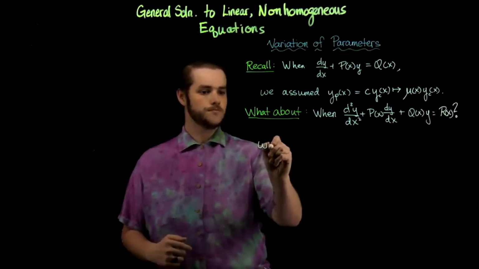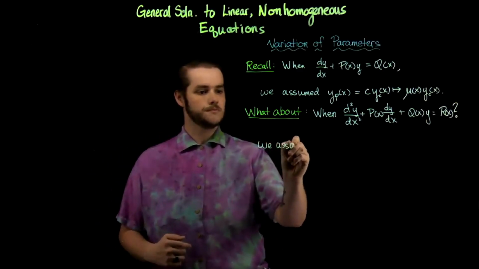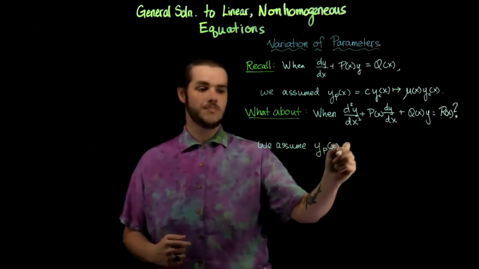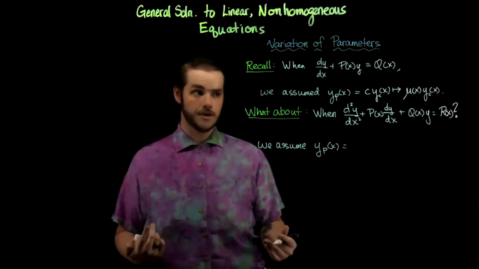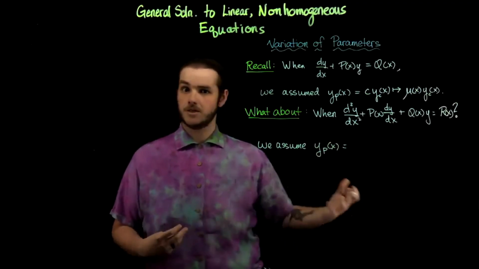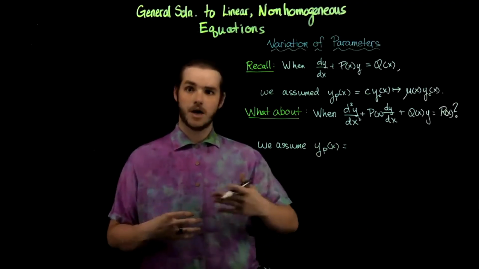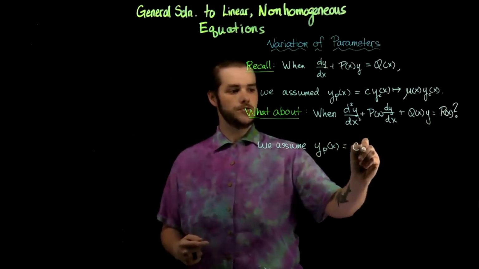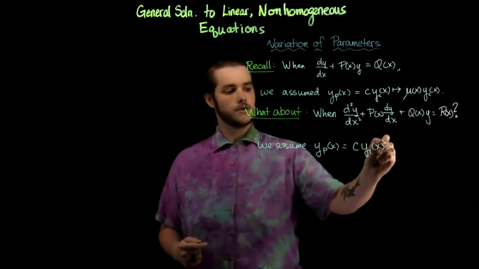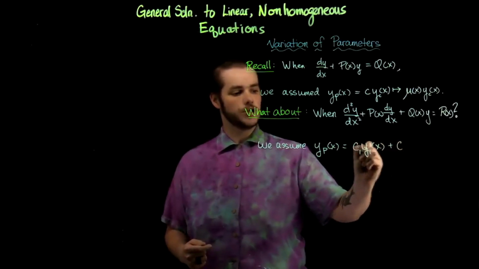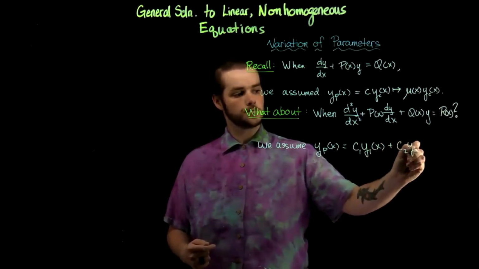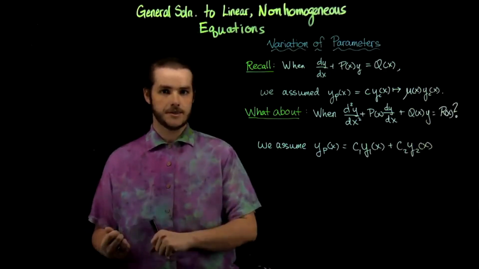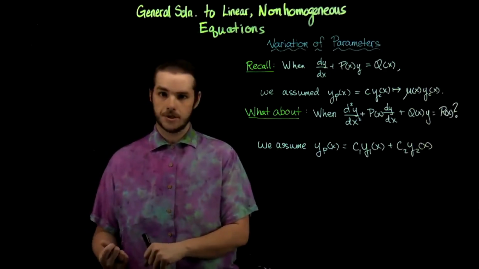We assume that the particular solution is going to be a linear combination of the fundamental solutions, or in other words, some constant multiple of the complementary solution. Right? It's going to look like the complementary solution, except that I shouldn't have constants or parameters in my particular solution.